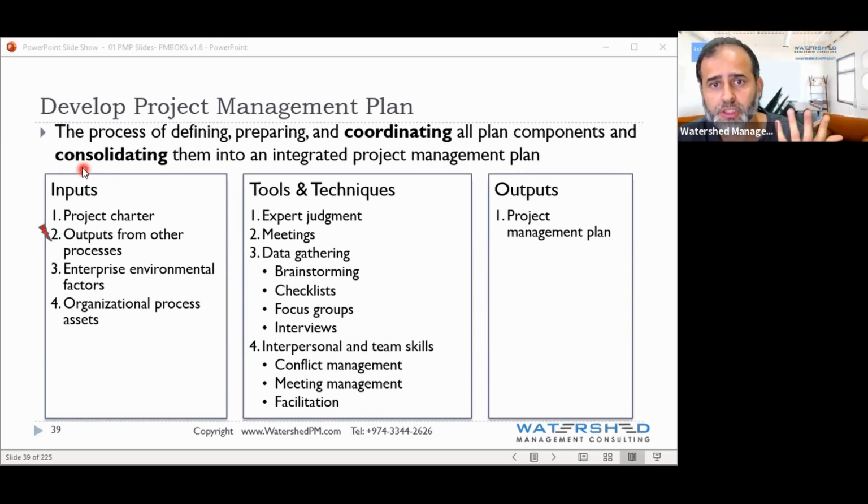Now, while you're making a schedule, whatever coordination has to happen with everything else in the project plan, you will do the coordination, because your schedule, as an example, depends on resource. If you change the resources, your schedule will get changed, also your budget will get changed. So this is all coordinating between resource, schedule, and cost, as an example. This is called coordination.